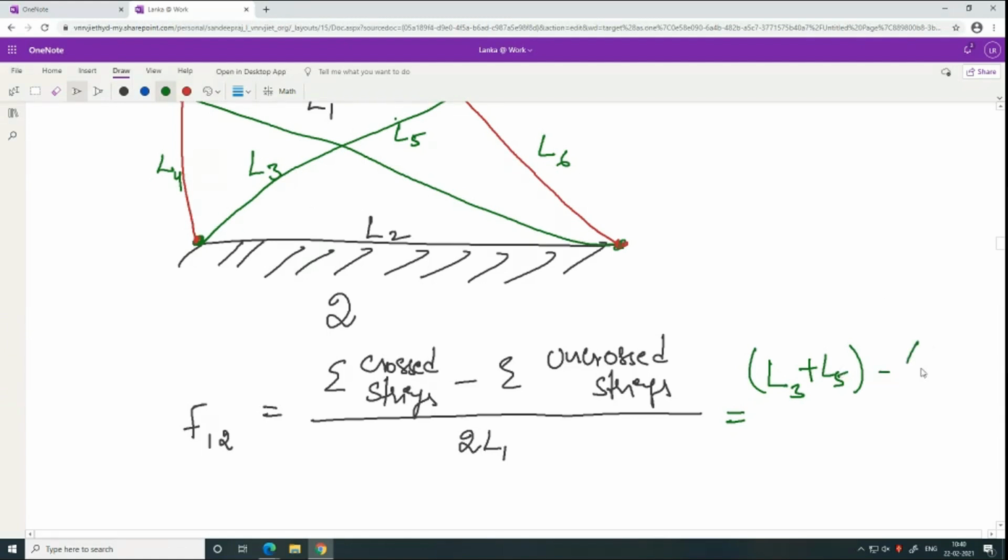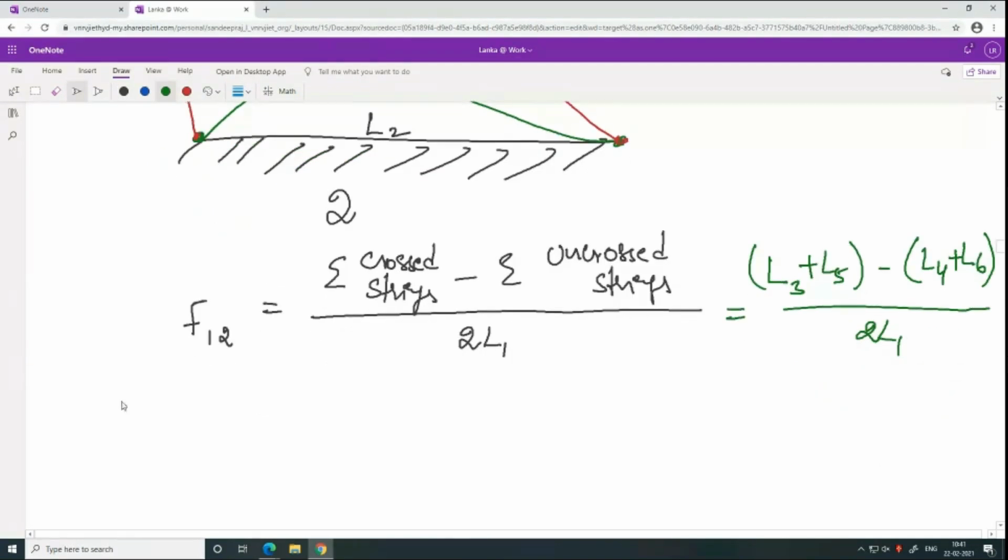So what I get here is L4 plus L6 by 2L1. So this will be the formula for finding the shape factor if you are given bodies with these lengths. Okay, different lengths are given. This is how you will find out the shape factor.